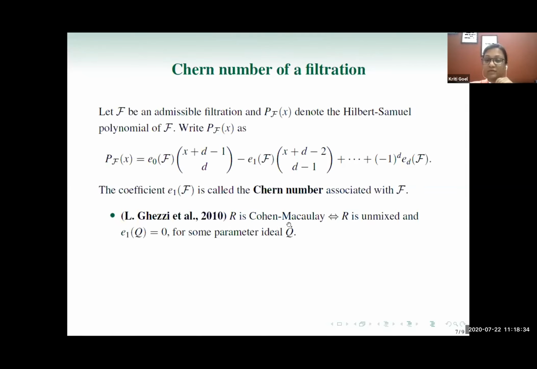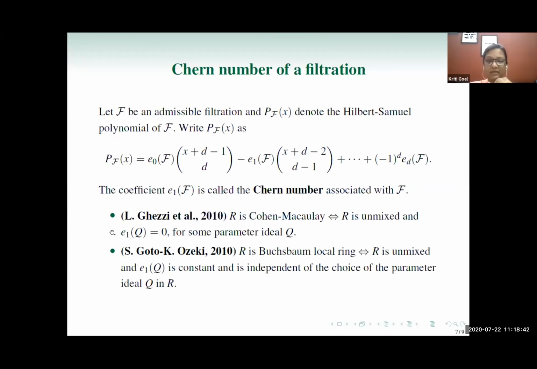They characterize Cohen-Macaulayness of a ring using the vanishing of e1(Q) for some parameter ideal Q, provided that the ring is unmixed. In the same year, Goto and Ozeki proved that the ring is a Buchsbaum local ring if and only if it is unmixed and e1(Q) is constant, and also independent of the choice of parameter ideal Q in R.